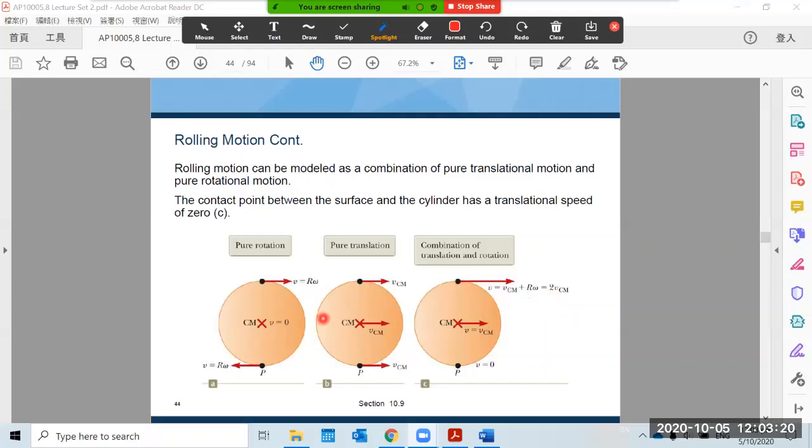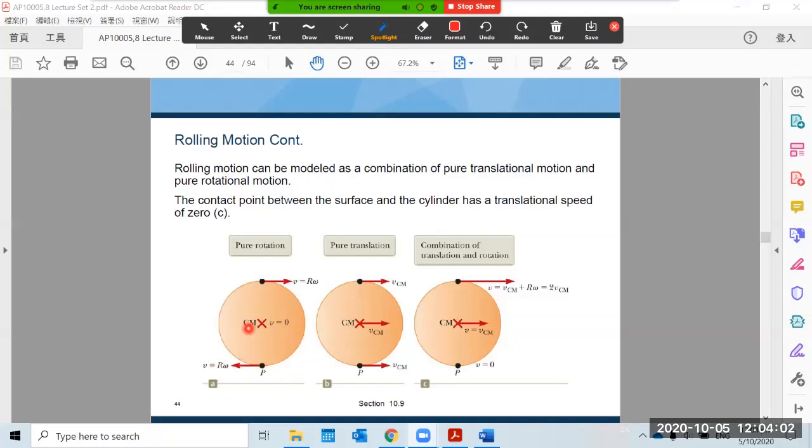Okay, once again, if you are a particle sitting right on the cylinder, you would only experience a pure rotation. So to a particle on the cylinder, the top particle would be experiencing a relative motion relative to the center of mass that is equal to r omega. The particle at the bottom is moving backward relative to the center of mass with a velocity r omega in the backward direction.